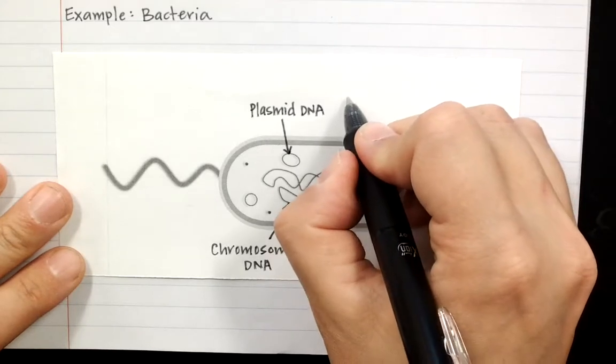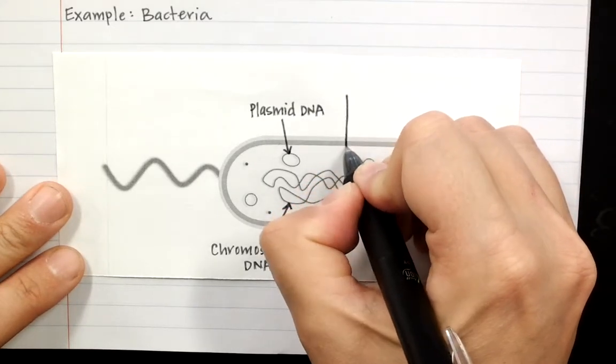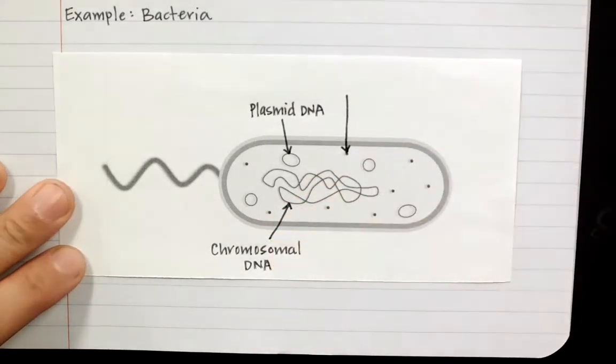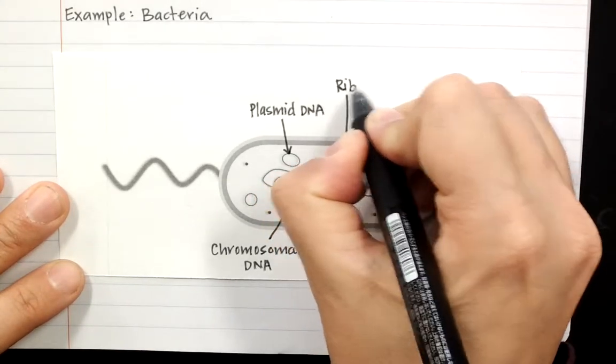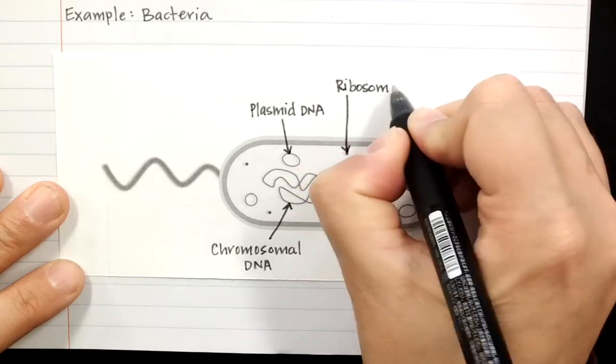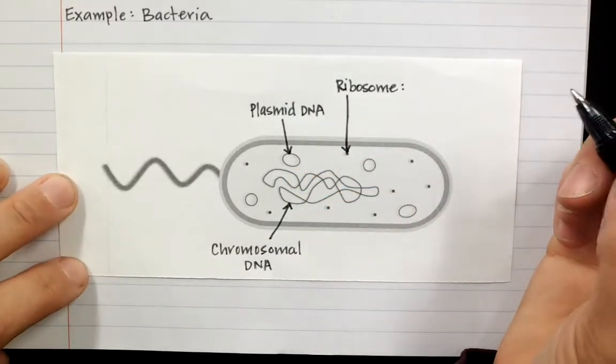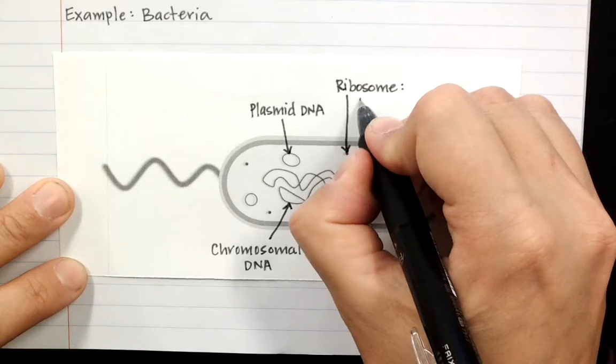The next thing we have in here are our ribosomes. And these are these dots that you can see. And ribosomes are super important because they make proteins.